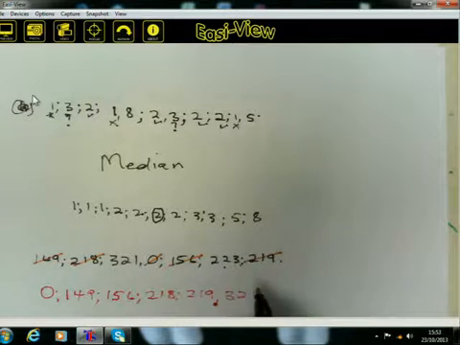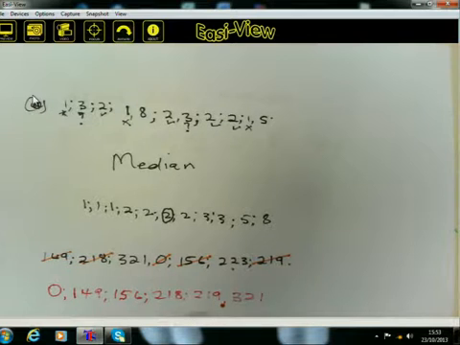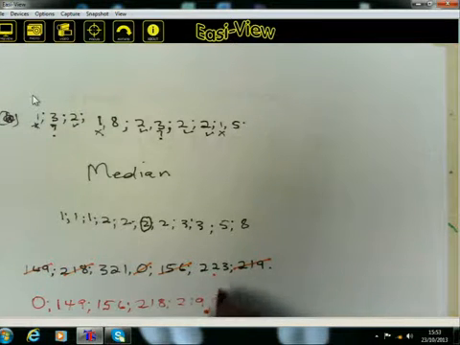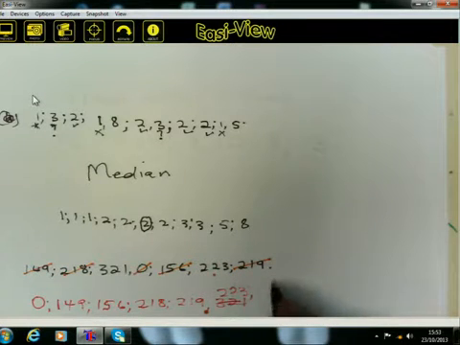I left 223. That means I'll be having wrong data. Now, here it must be 223. And then it will be 321. Do you see the importance of double checking?